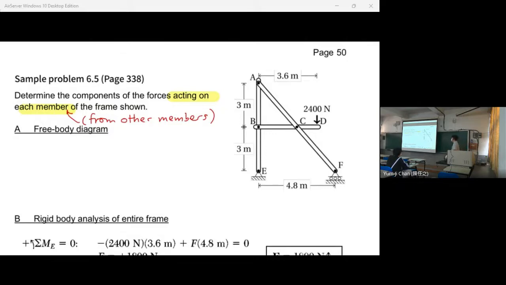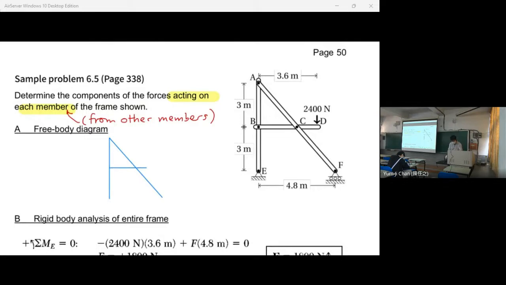For this type of question, the first thing you do is the same as in trusses. We draw the free body diagram of the whole structure, which means this one.